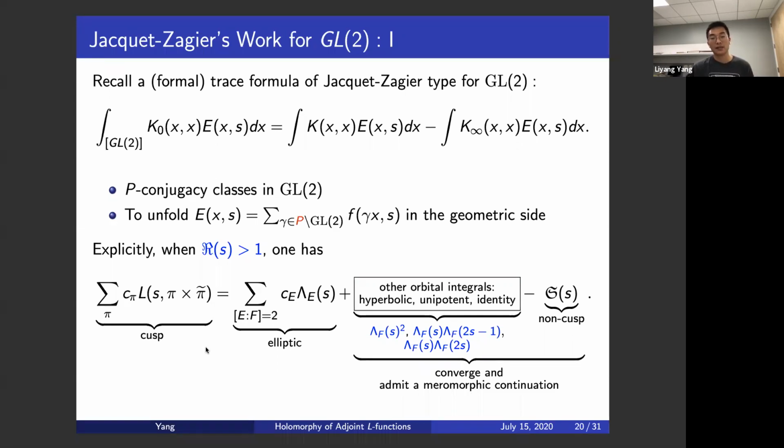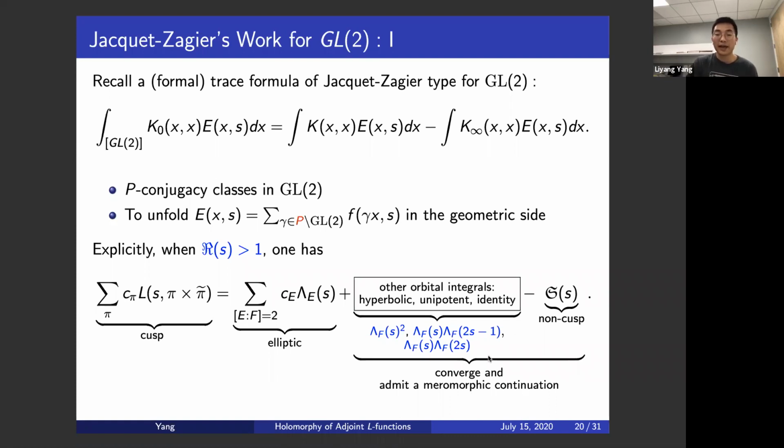On the right-hand side, the elliptic orbital integrals will give you Dedekind zeta functions of some field extension, and other orbital integrals like hyperbolic, unipotent and identity will give you some distributions representing these L-functions respectively. And this part will be kind of tricky, and let's just call it S. It comes from the non-cuspidal spectrum.